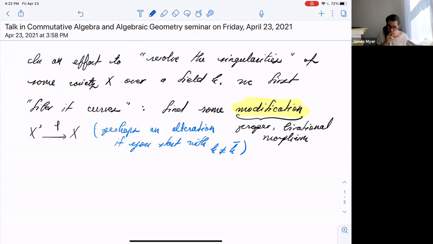Okay, so in an effort to resolve the singularities of a variety, we first fiber it by curves.